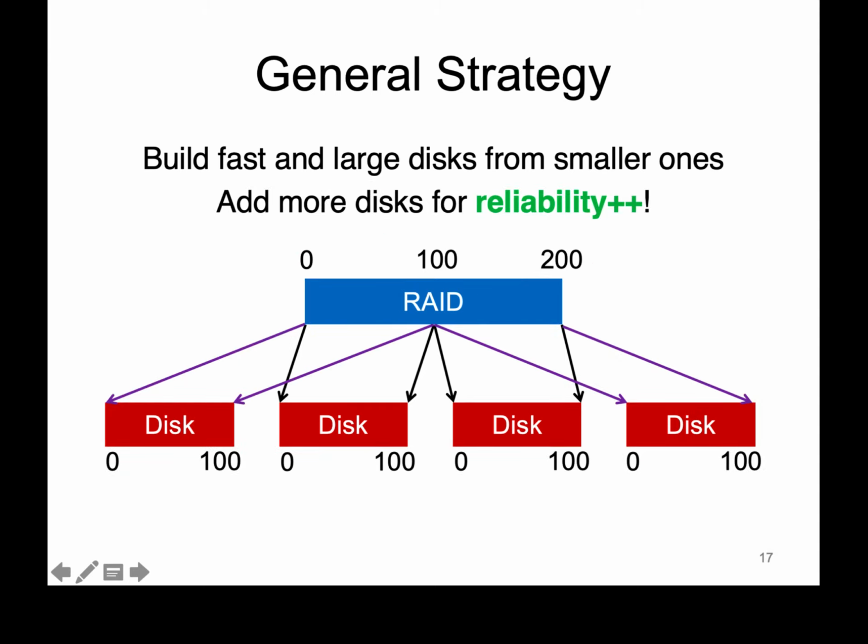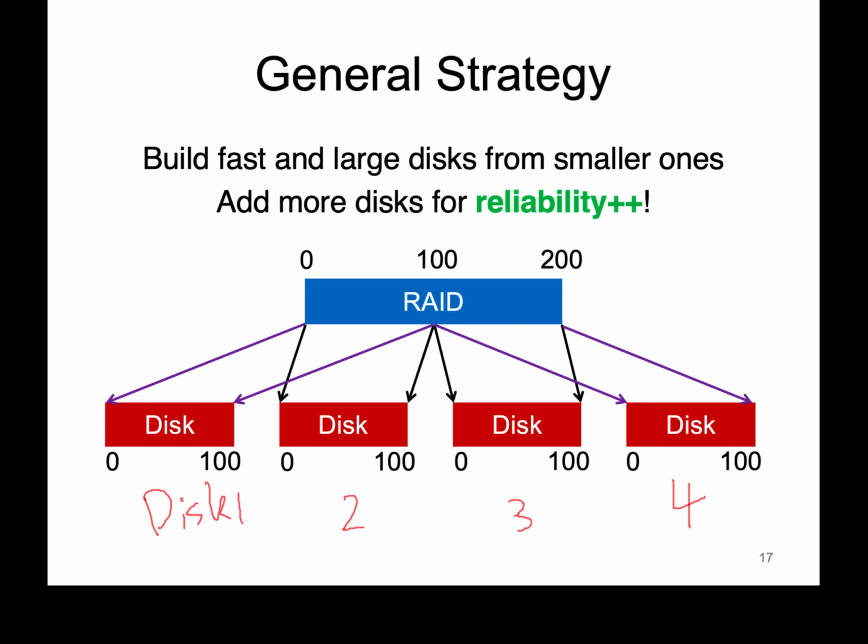All right, so in order to improve the reliability, we could add some replication support to replicate the data multiple times so as to provide better reliability. In this particular example, we have disk 1, disk 2, disk 3, and disk 4, a total of 4 disks.